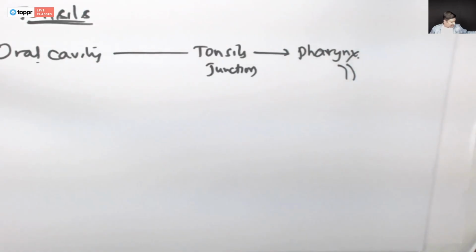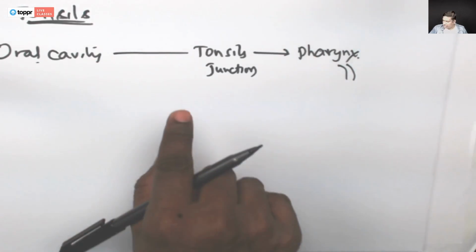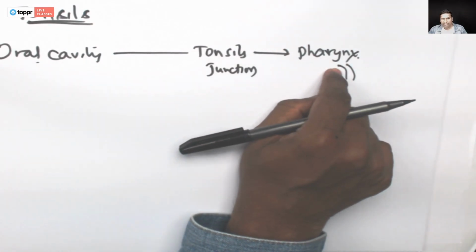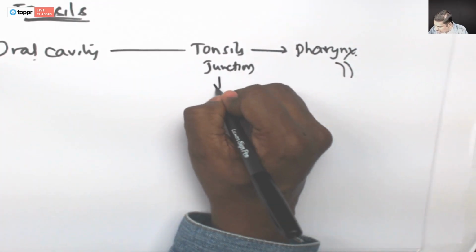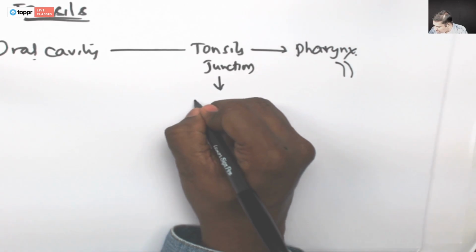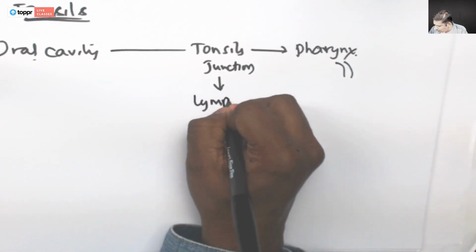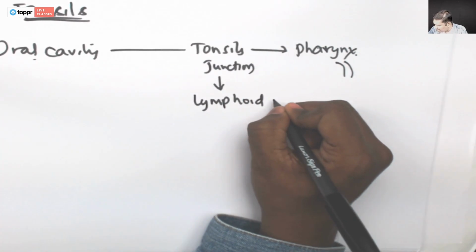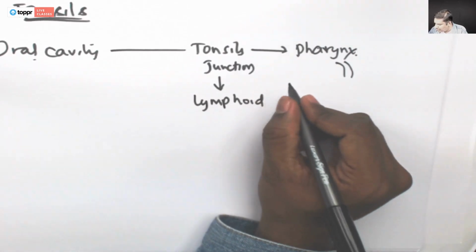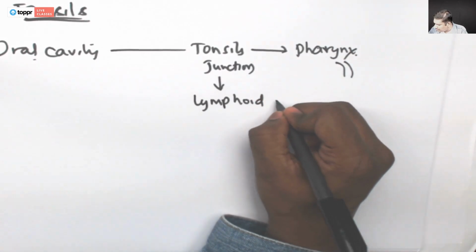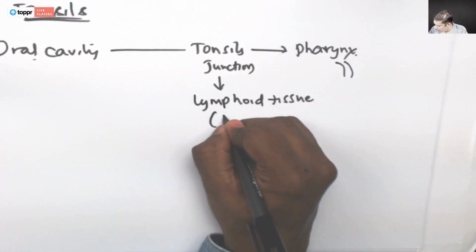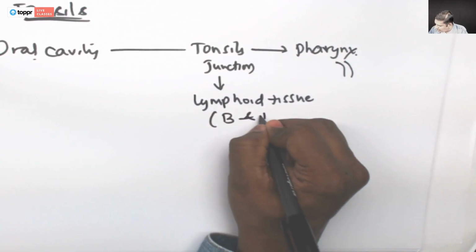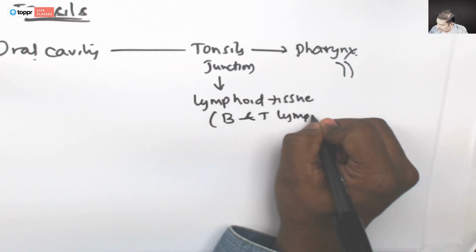Now these tonsils, which are present at the junction of the oral cavity and the pharynx, are lymphoid tissue. They have a ring shape, and lymphoid tissue is always rich in B and T lymphocytes.